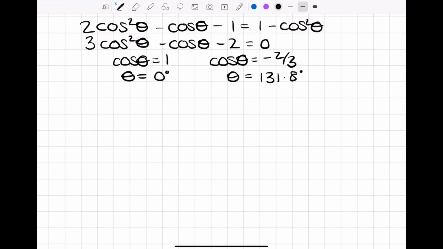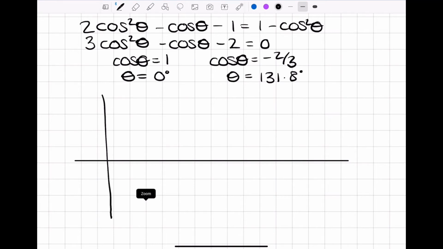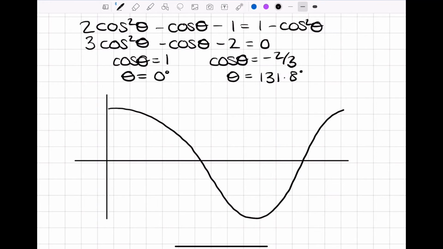But that's not our only two solutions. So if we draw our cos graph, not very to scale, but we've got each of our values on there between 0 and 360.